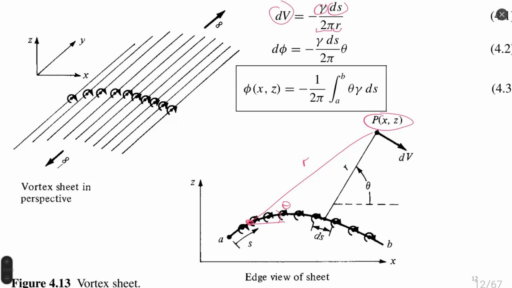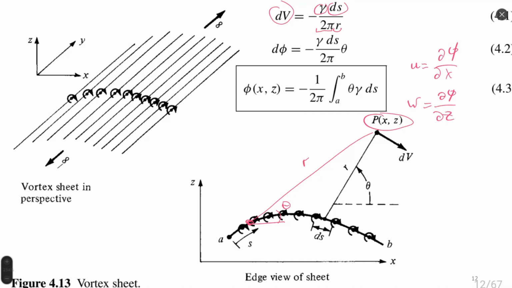And after, if we want to obtain velocity components, we just need to take a derivative of the potential function by x and y, or in such case, x and z coordinates. For example, the u component of velocity would be d phi by dx, and the w component of velocity will be d phi by dz.